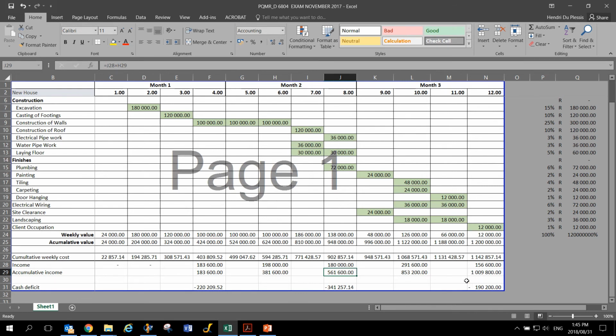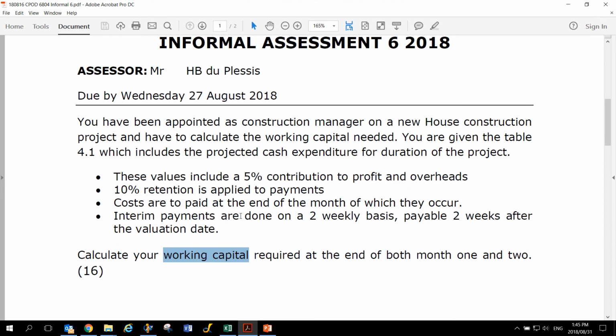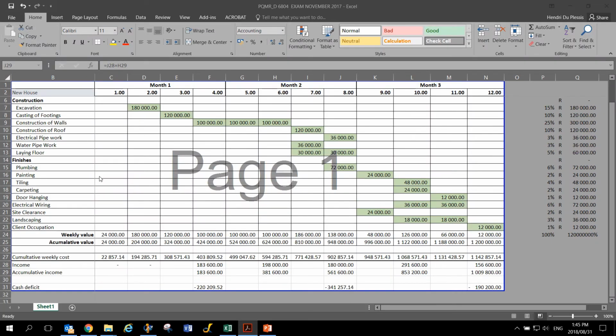Then getting to your working capital, that is your outflow minus your inflow. So this is your cumulative cost minus your cumulative income.